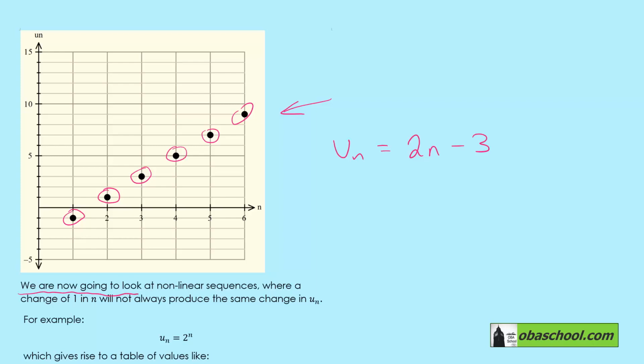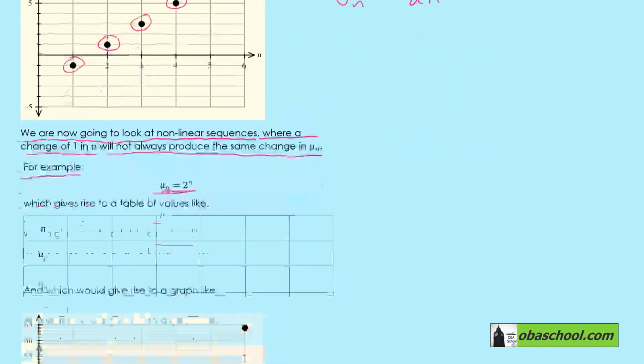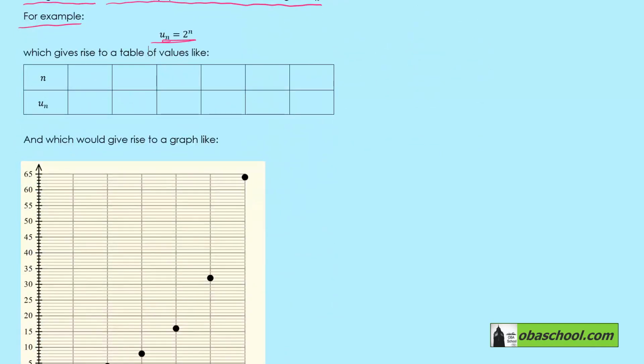We are now going to look at nonlinear sequences, where a change of 1 in n will not always produce the same change in un. For example, if we have un is equal to 2 to the power n, let's do a table of values for that.